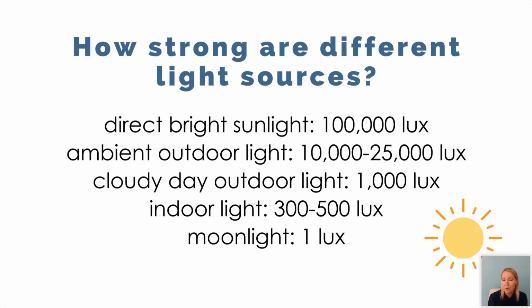So if it's winter and you're going outside and looking into the sun, you can see you're not getting a lot of strong sun, okay? And as I said, the strong sun tells your body, hey, it's morning time, and so we want to get the strong sun on your eyeballs, okay? Indoor light is only 300 to 500 lux.